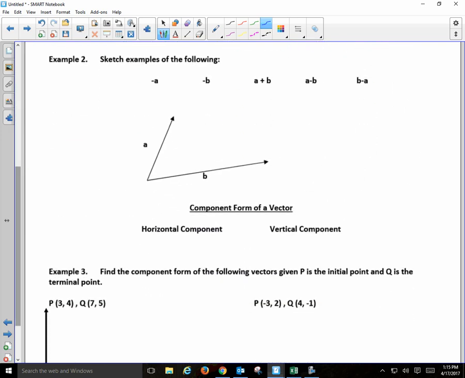So what we're going to do here is sketch examples of these vectors given a and b. We're going to show you how to graphically do vector addition and vector subtraction, which would be pretty cool. So I'm going to draw negative a here. I'm going to draw negative b.